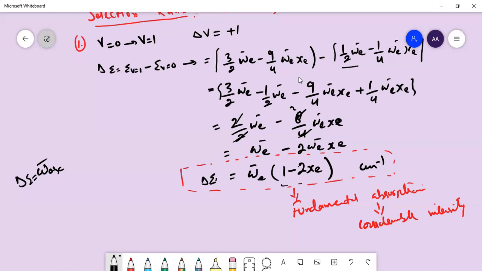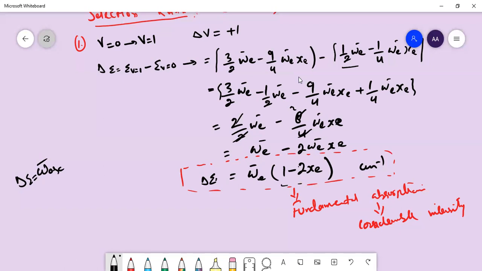So this is the basic difference between the harmonic oscillator and the anharmonic oscillator. The effect of this second term is that the energy levels are not equally spaced, as we have seen earlier, and as we approach the dissociation limit in the graph, the levels get closer and closer and closer.